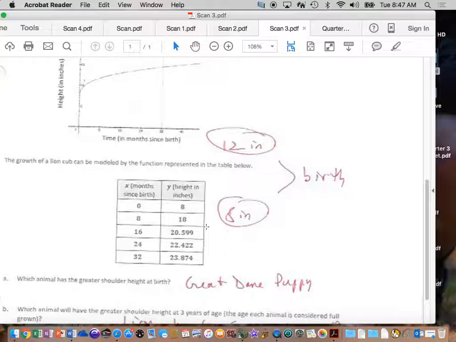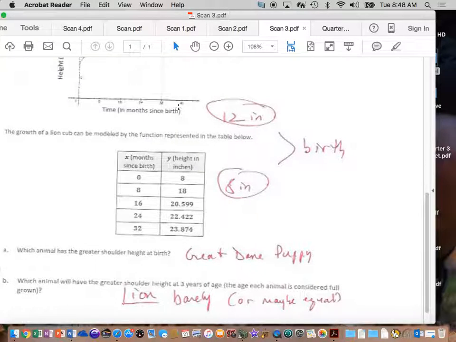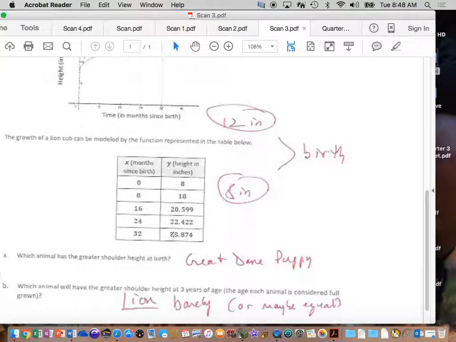All right. As far as which one's bigger, at birth, the Great Dane puppy is a little bit bigger. If you look at the chart, these each work out to be 2. So 2, 4, 6, 8, 10, 12. And the lion is 8. So at birth, the Great Dane puppy is bigger. But when we get later at 32 months, which is almost 3 years, they look to be about the same.